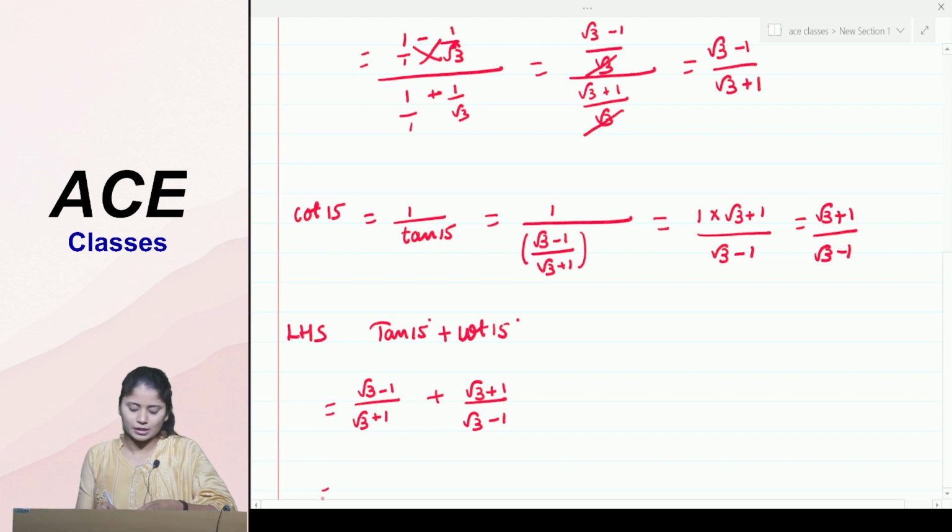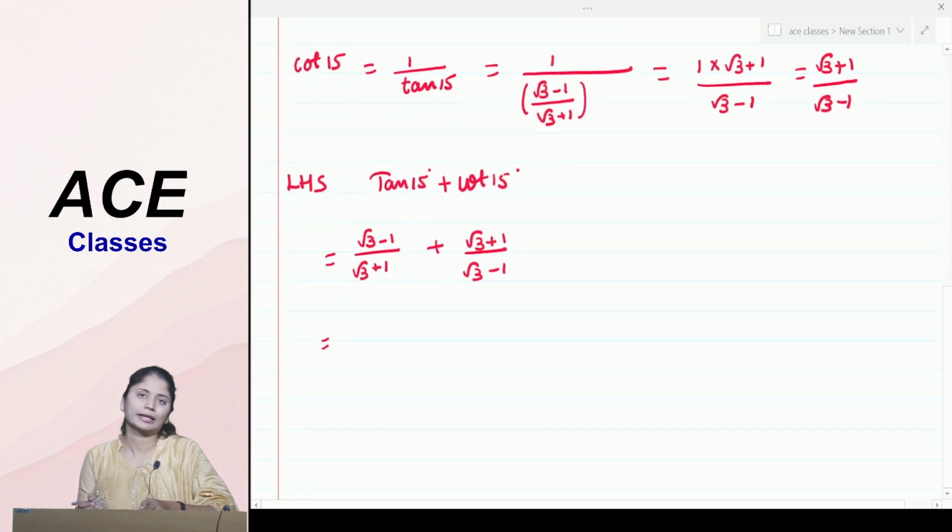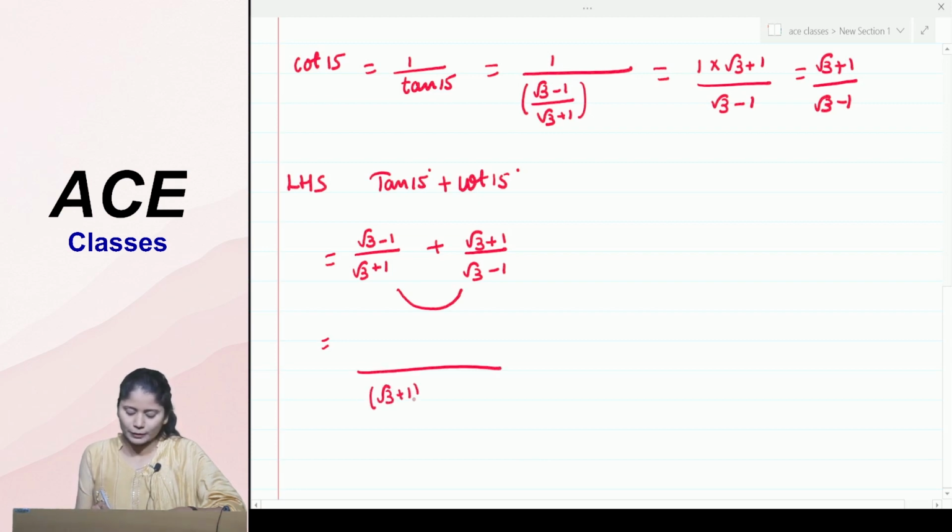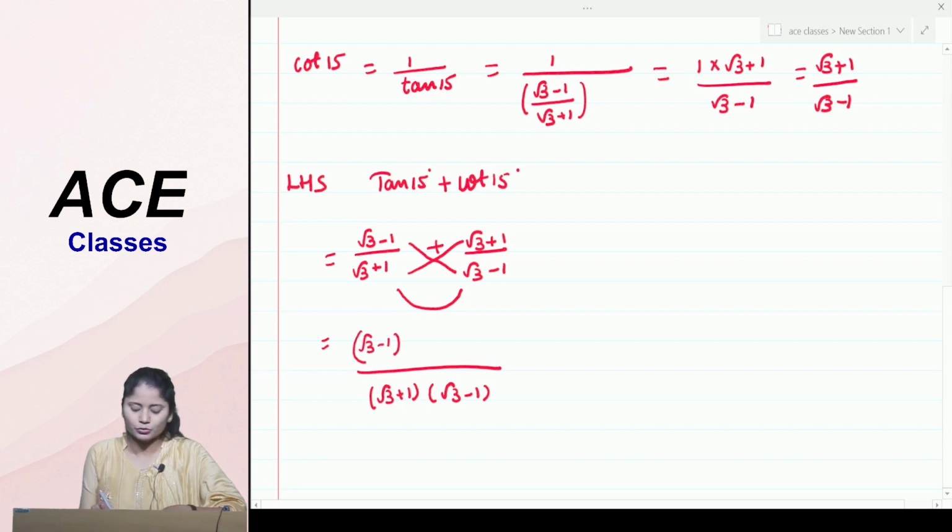Since the denominators are different, we will take the LCM. LCM will be the product of these two numbers, that is root 3 plus 1 multiplied by root 3 minus 1. Okay, this is multiplied with this number and this is multiplied with this. That is cross multiplication you can do. So that is root 3 minus 1 into root 3 minus 1 will be root 3 minus 1 whole square, plus root 3 plus 1 into root 3 plus 1 will be root 3 plus 1 whole square.